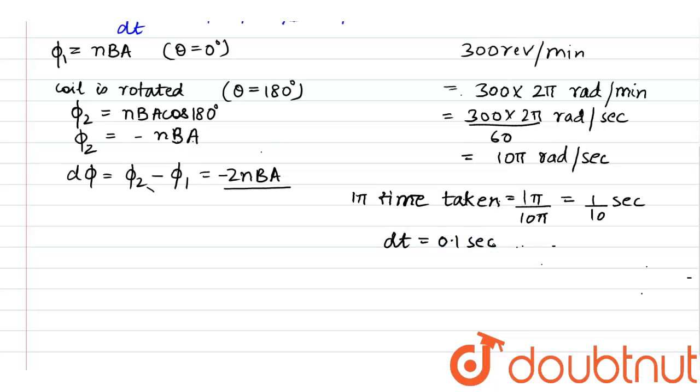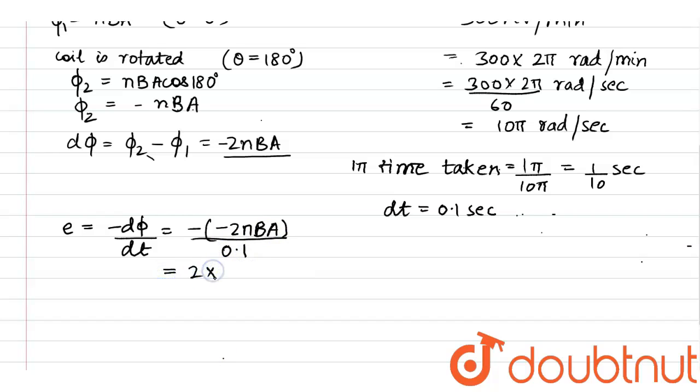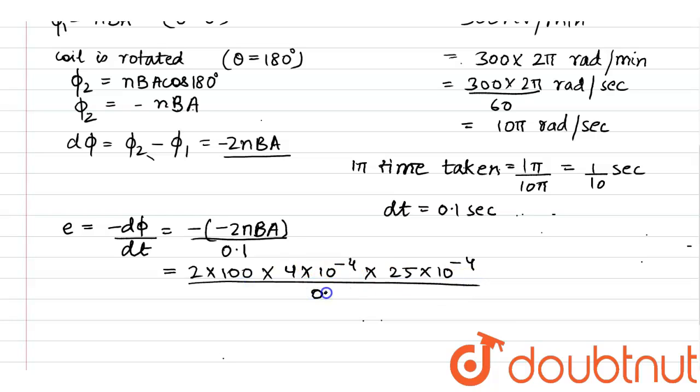We have both the values. To calculate the value of E, we can simply put them in. So E is going to be minus d phi by dt, and the values are minus of minus 2 NBA upon dt, which is 0.1, and those are going to be 2 into 100 turns into 4 into 10 raised to power minus 4 Tesla into the area, which is 25 into 10 raised to power minus 4 meter square, upon 0.1.